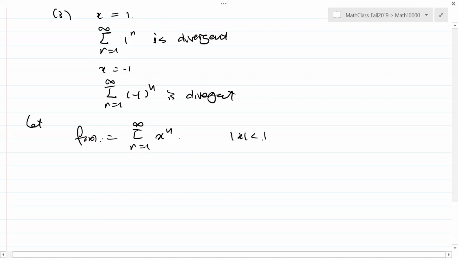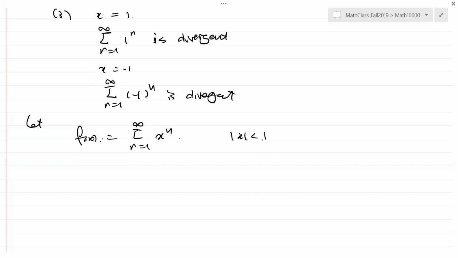For other x, the right-hand side is divergent and has no value. So you get a new function. The function depends on x. We just proved that for x between negative and positive 1, this series is absolutely convergent, and convergent to some number that depends on x. If it depends on x, you get a function, right?